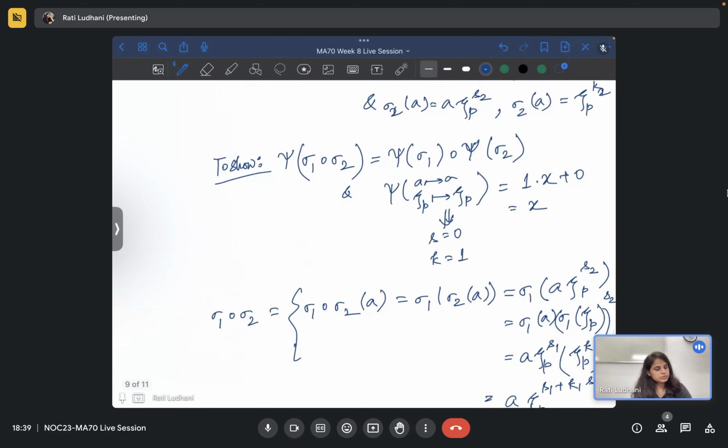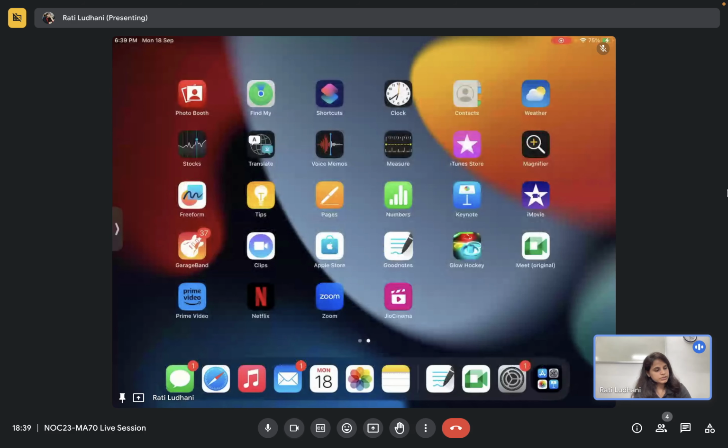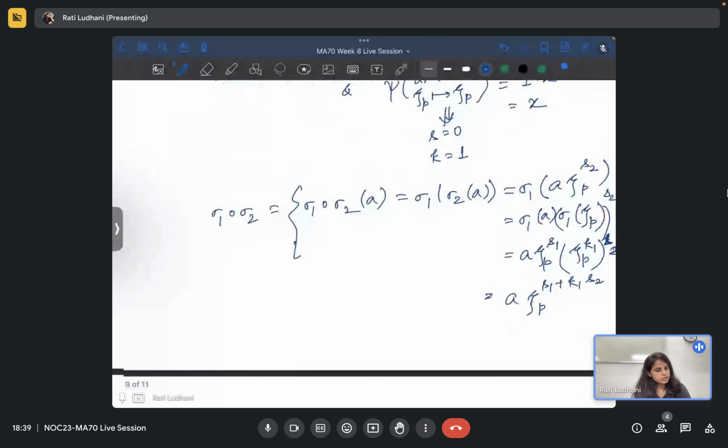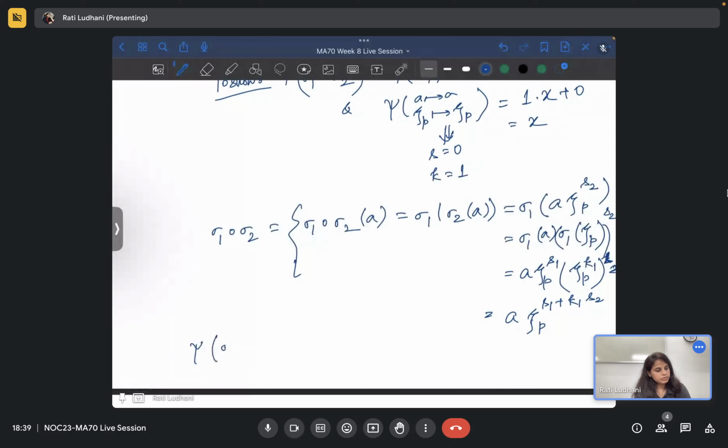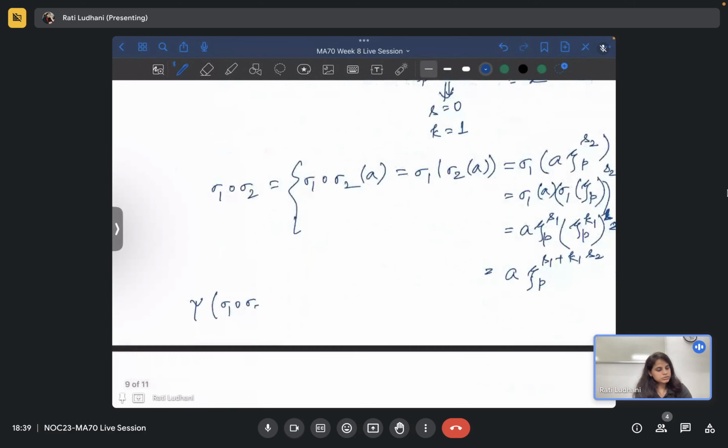So you also need to find what this is, because the map psi of any element will be defined by using the map for a and zeta p.